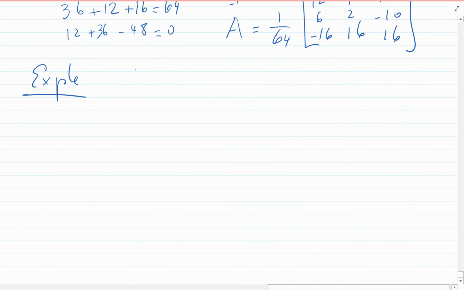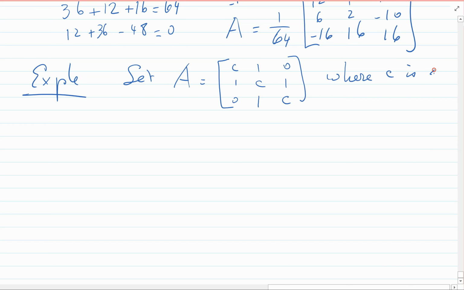Okay, set A to be equal to the matrix with rows (C, 1, 0), (1, C, 1), (0, 1, C), where C is a number.